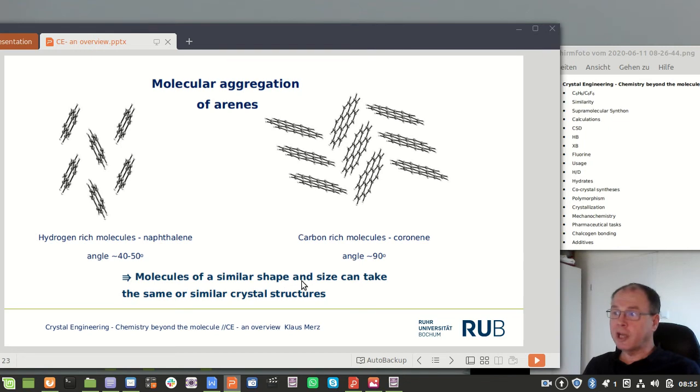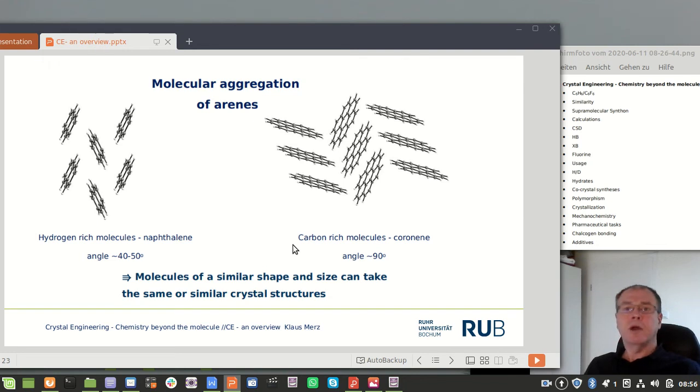Molecules of a similar shape and size can take the same or similar crystal structure. We have seen that the ratio of hydrogen and carbon is important for the crystal packing in the case of aromatic hydrocarbons. And we have seen that the similarity aspect is not only restricted to aromatic hydrocarbons. We have seen, for example, that iodine and bromine substituted compounds very often have the same crystal structure.